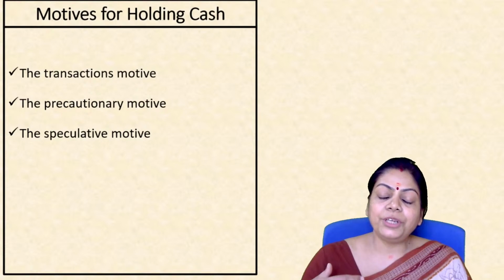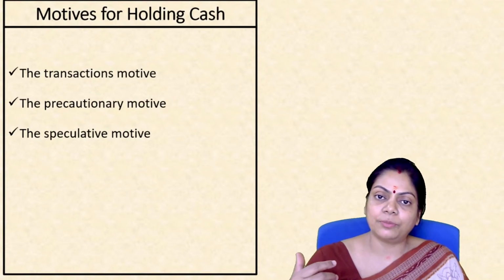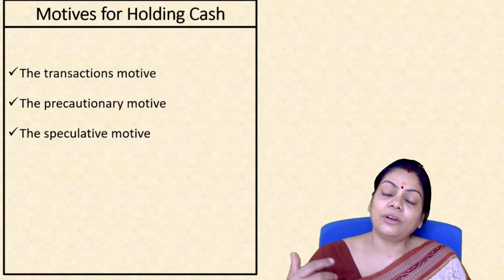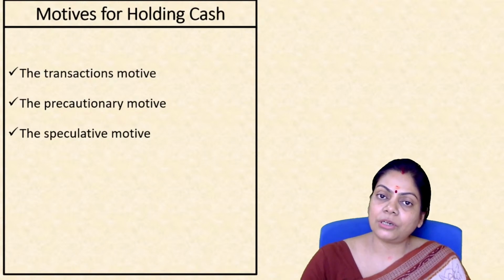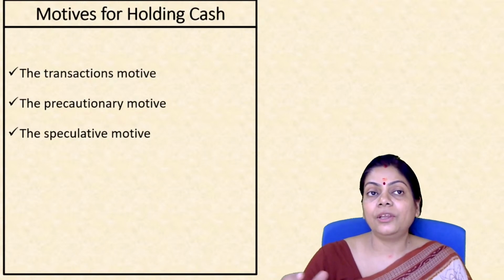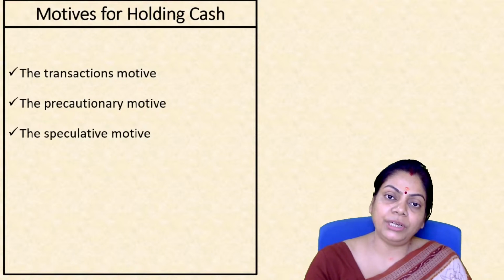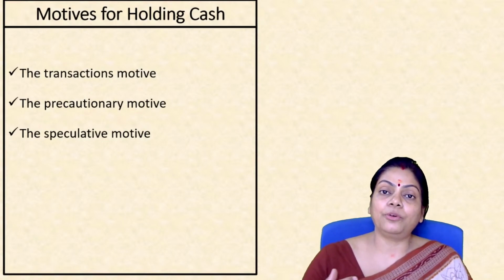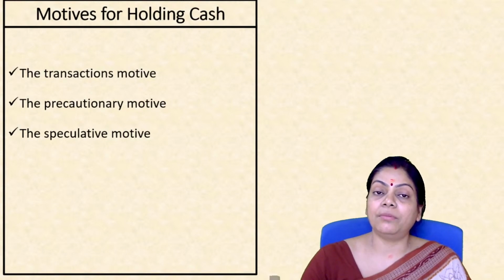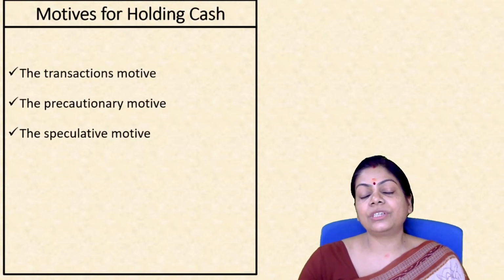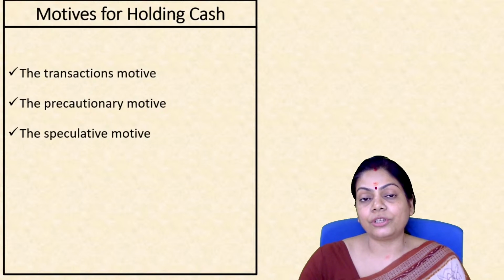Your experience says that you have been selling 100 units per day, but there could be a scenario when there will be certain spurts in the demand, and for that purpose also we need to have some cash, to be able to meet the unexpected demand, or for that matter, suppose there is a shortage of something.